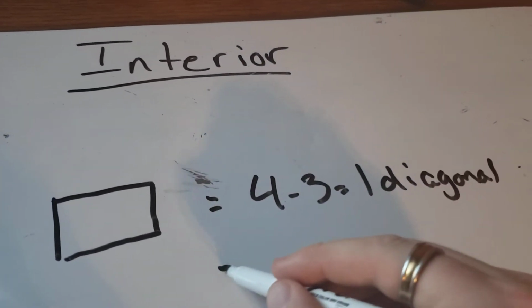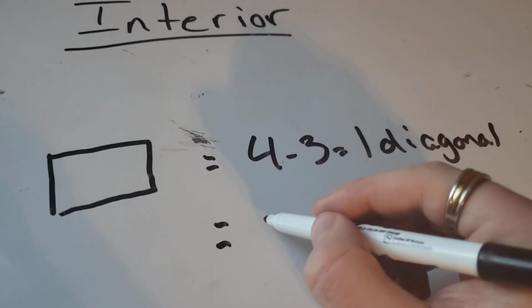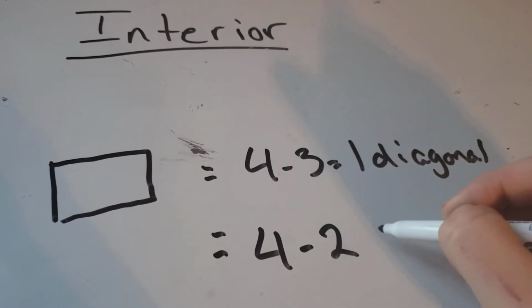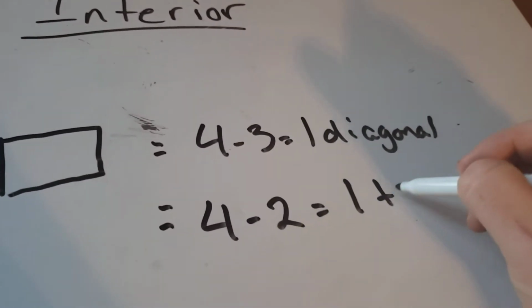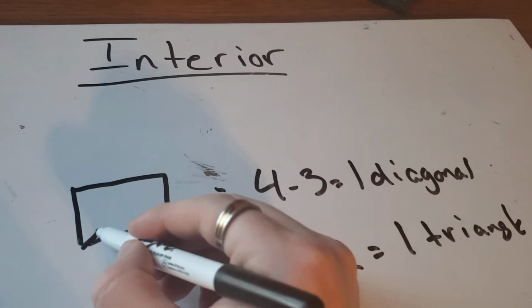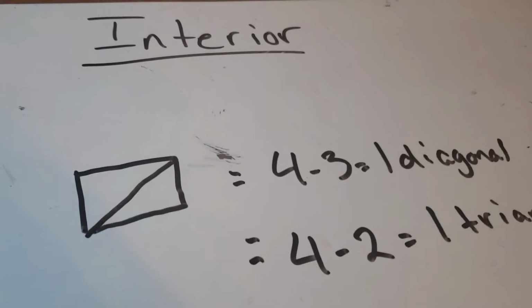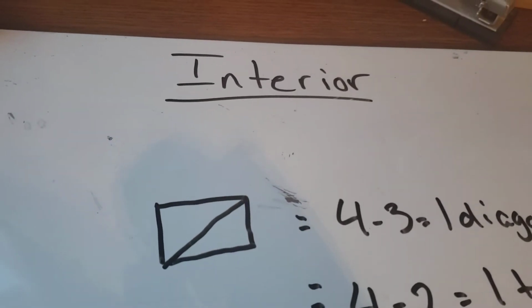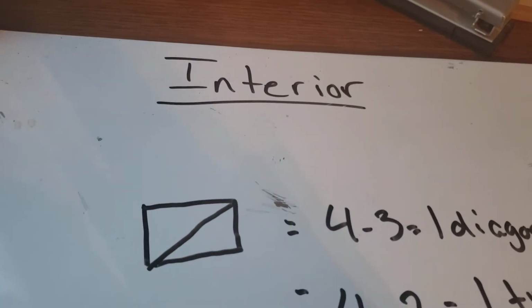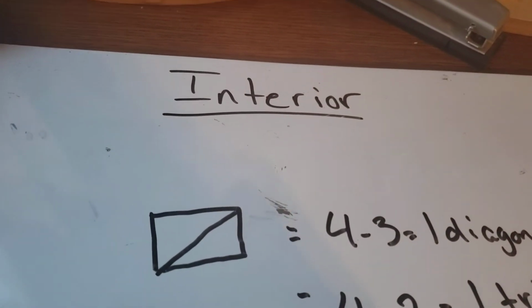How many triangles is that going to give us? 4 minus 2 gives us 2 triangles. Now, remember, the interior angles of a triangle add up to 180 degrees.